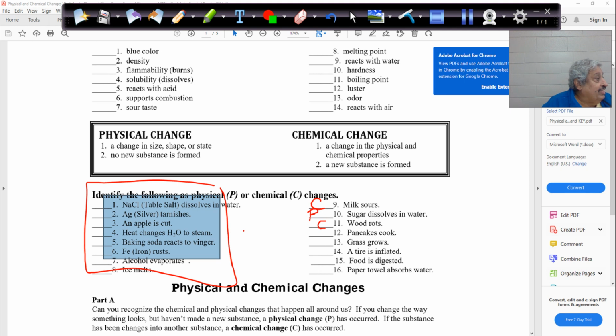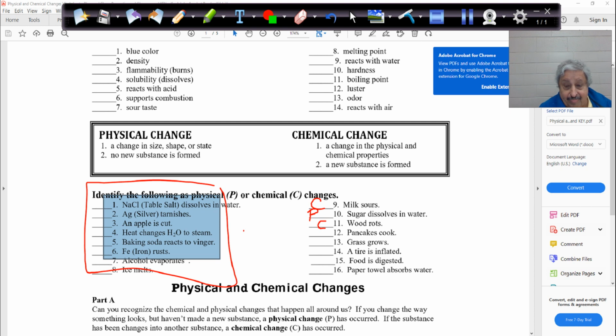Because the taste of the dough is no longer what you started with. Can you take this pancake after cooking back to its original dough? Anytime I cannot go back, that's a chemical. Everybody is following? Anytime the process is irreversible, I cannot go back and reproduce my stuff, therefore it has to be chemical. So that's it.